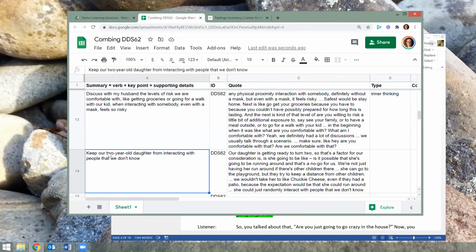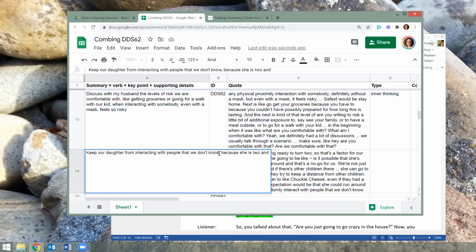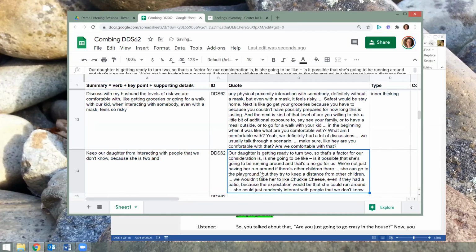Or how about just using 2-year-old as supporting detail? Keep our daughter from interacting with people that we don't know because she is 2 and running around. That's twice that she said it. Run around 3 times.